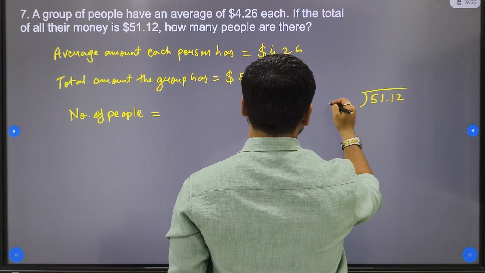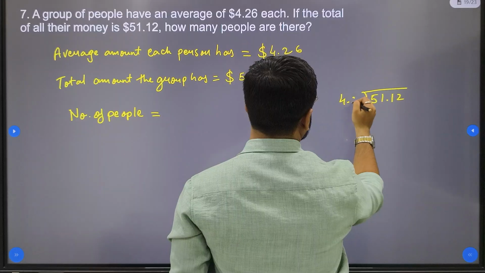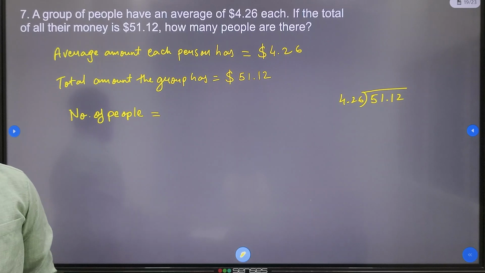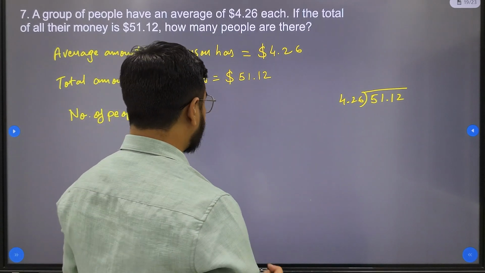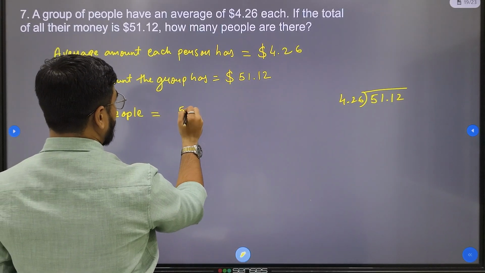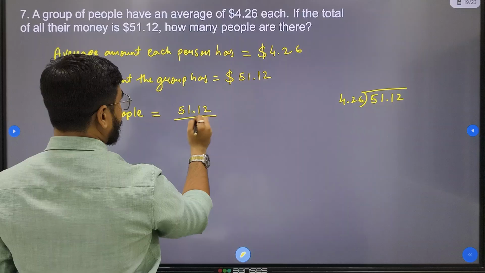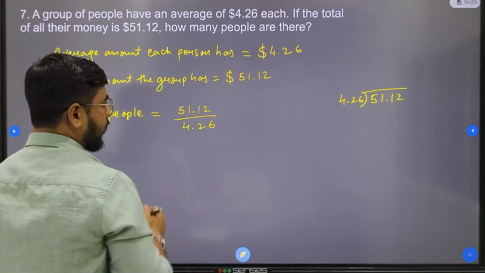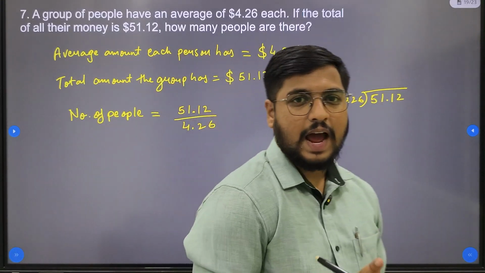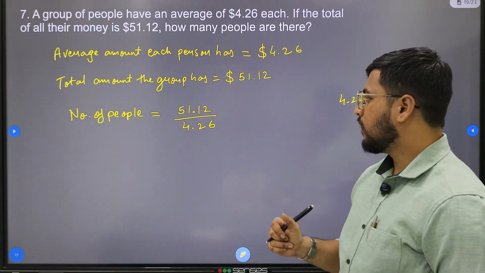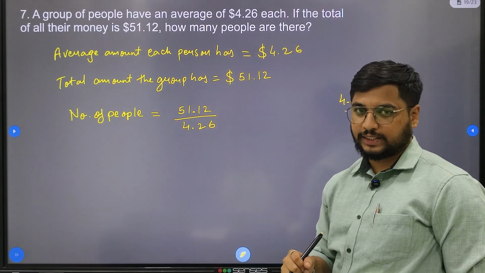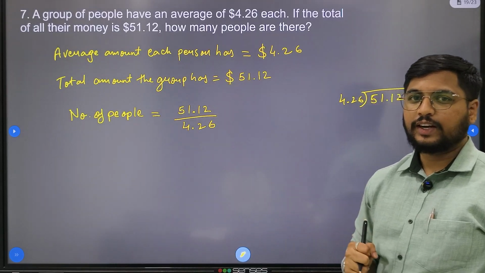51.12 divided by 4.26. Now tell me, do you know the table of 4.26? Obviously you will not. So we'll not use the traditional method, we'll use another method. Let's write it down over here. In the numerator and also in the denominator there is a decimal, and after the decimal there are two digits in both.